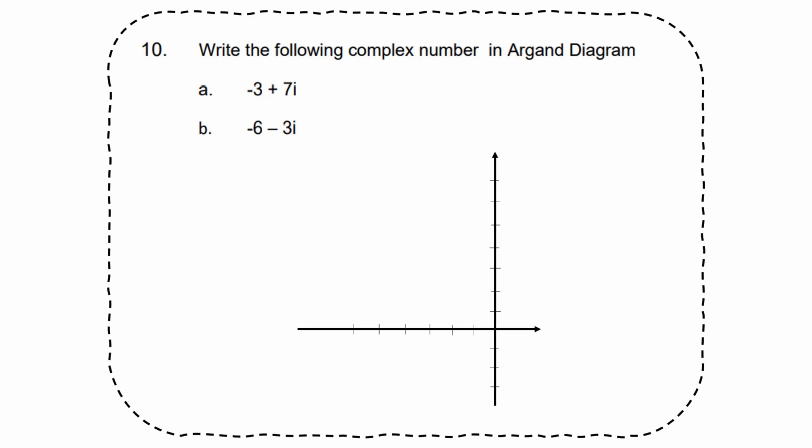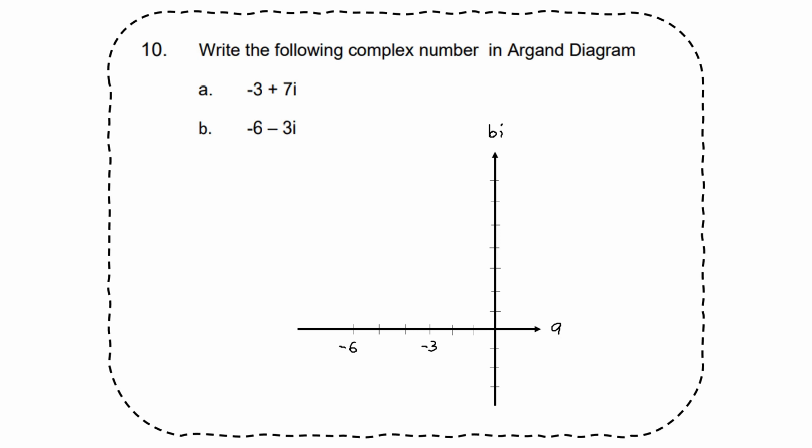For question 10, write the following complex number in Argand diagram. So now we have this Argand diagram that can be labeled as a here, and this one will be bi. And then we have -3, -6, so 1, 2, 3, -3 will be here, and -6 will be this one.